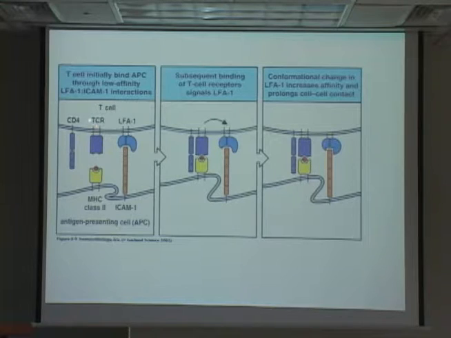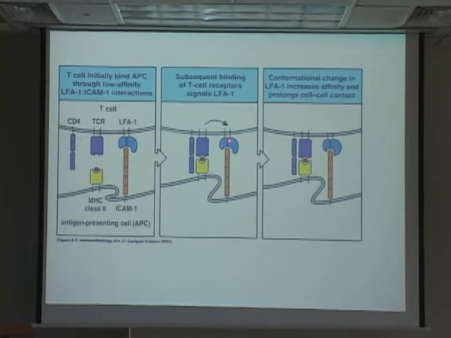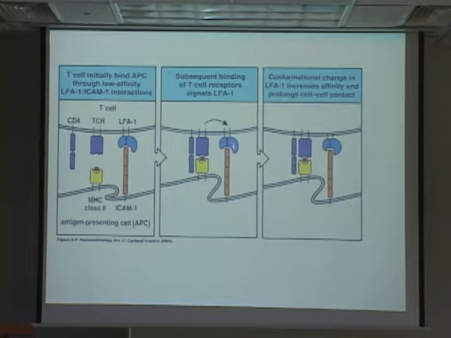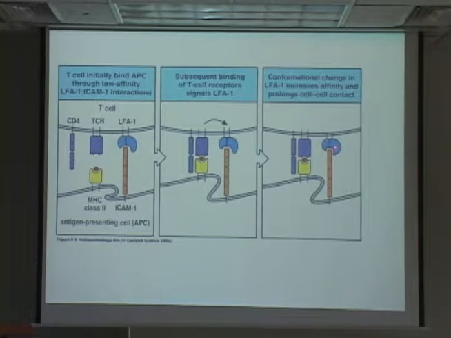Now, if they do, then the TCR will then bind to the MHC peptide shown here. And then you have this signaling cascade, which leads, amongst other things, to so-called inside-out signaling of this LFA1 molecule. And that will change the three-dimensional structure of the molecule such that its affinity for ICAM1 increases.